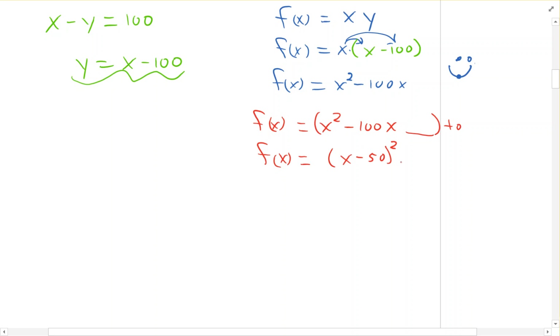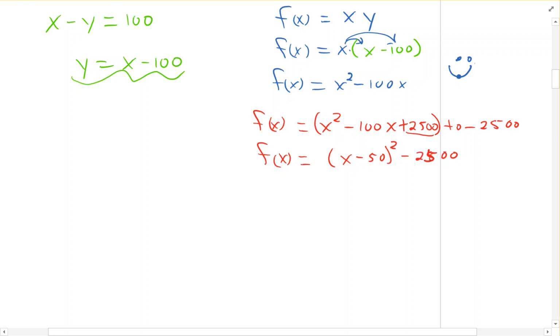Well, that'll be just 50 squared. Well, negative 50 squared, but it's still going to be the same thing. That's going to be positive 2,500. Okay, but I just can't go around adding 2,500 to questions, so I also need to subtract 2,500. So this becomes this, and then minus 2,500.